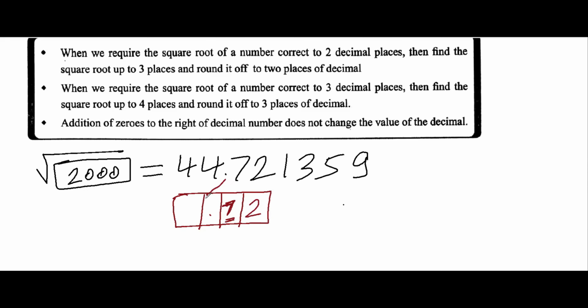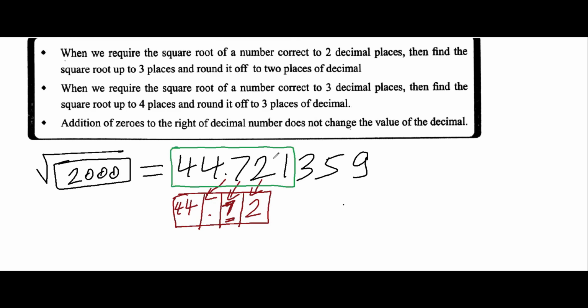But then it says find the square root up to 3 places. It means that even though you have to find up to 2 decimal places, you have to find the square root up to 3 decimal places.